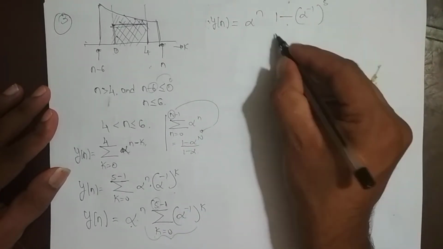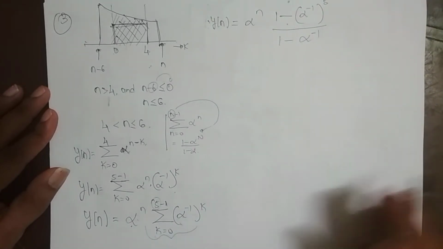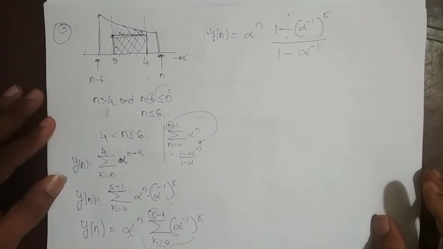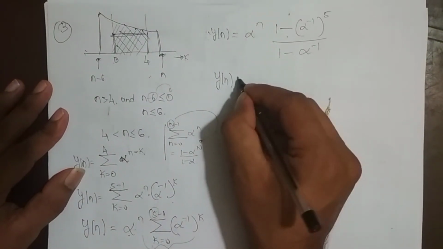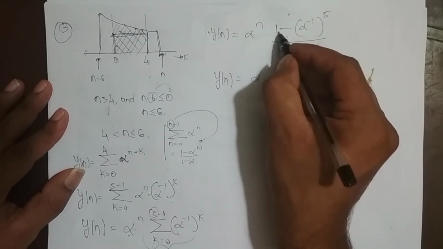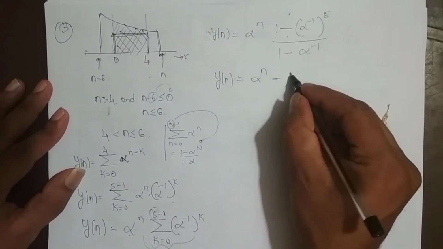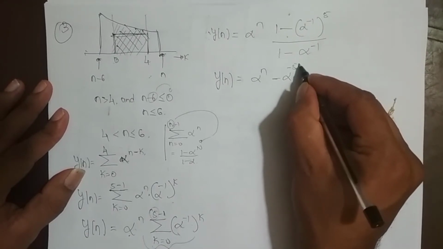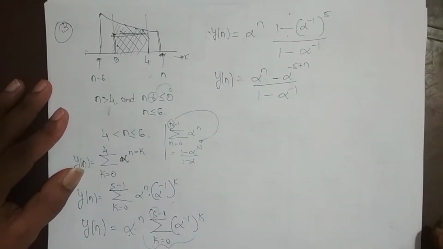So 5 whole divided by 1 minus alpha, because alpha is alpha power minus 1 here. So y of n is equal to alpha power n times 1 is alpha power n minus alpha power minus 5 times n is alpha power minus 5 plus n, whole divided by 1 minus alpha power minus 1.